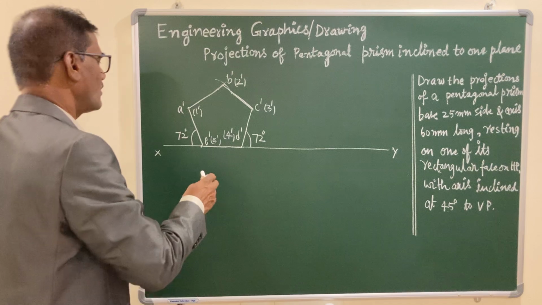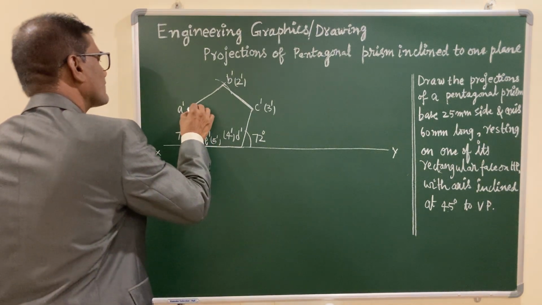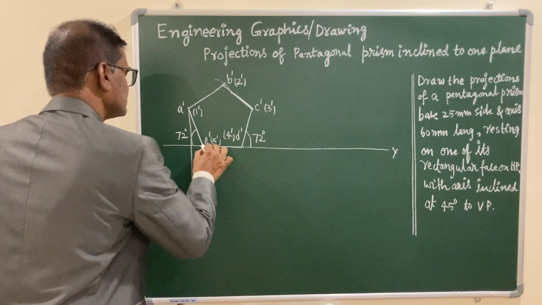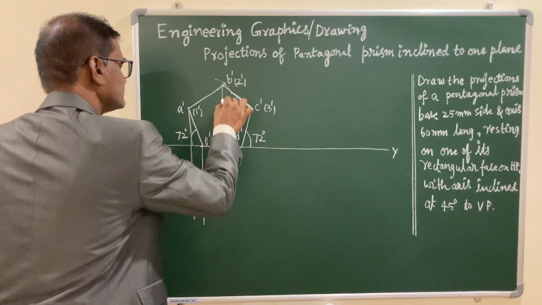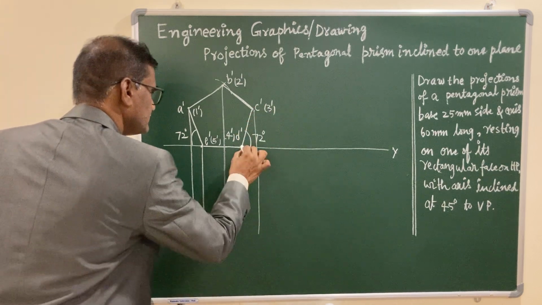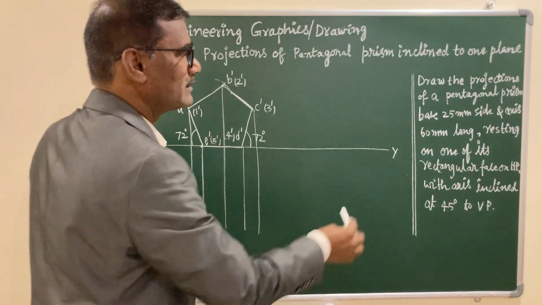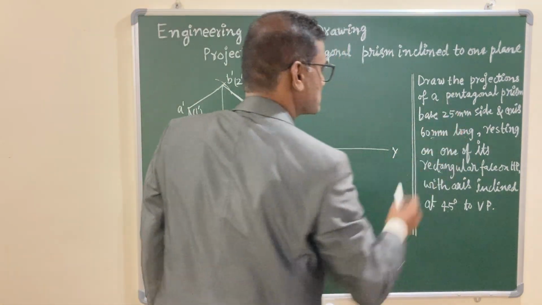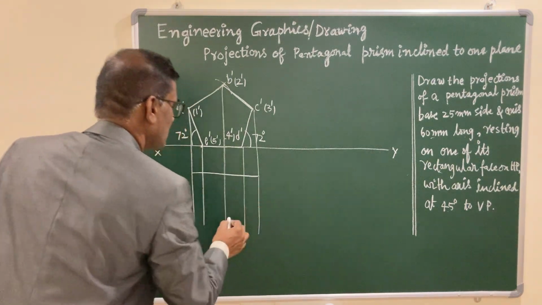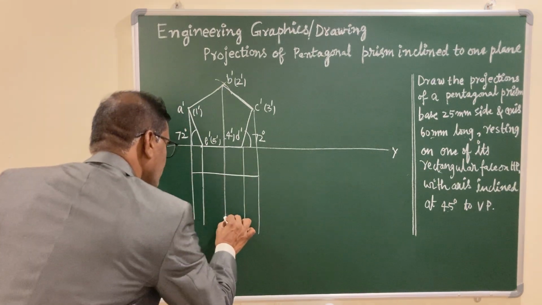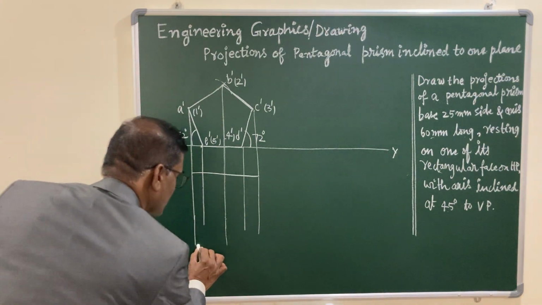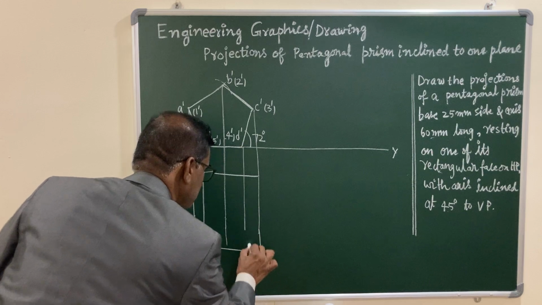From this, you can now draw the projectors from each corner. The height of the prism is given as 60 mm. At any place, draw a horizontal line and measure 60 mm along the axis line and mark the other end face.